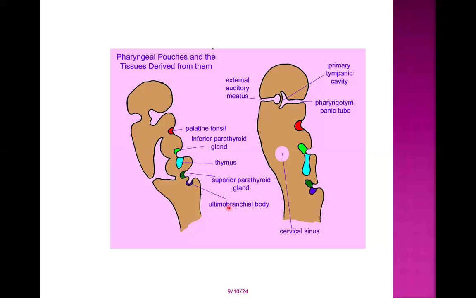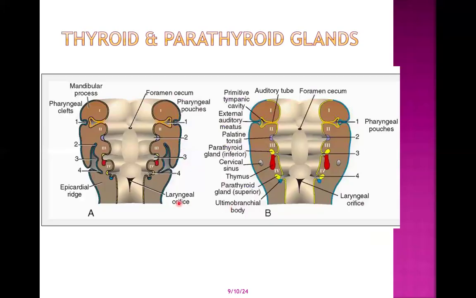All right. So when you look at this, you can see the parathyroid here. First pouch, second pouch is for palatine tonsil, and then third pouch is for parathyroid. And then fourth is for the second portion of the parathyroid, which will become superior, and then the third one will become inferior.